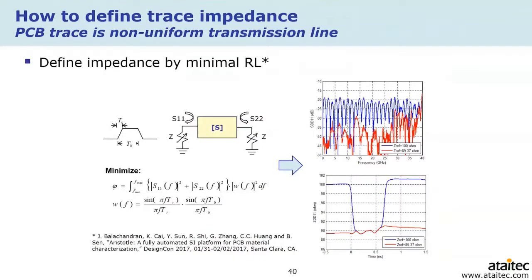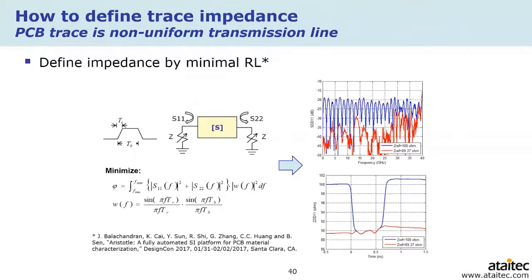And then we can talk about how in ISD, we also let you define impedance for non-uniform transmission line. After this embedding, short trace from a long trace, we get trace-only results.